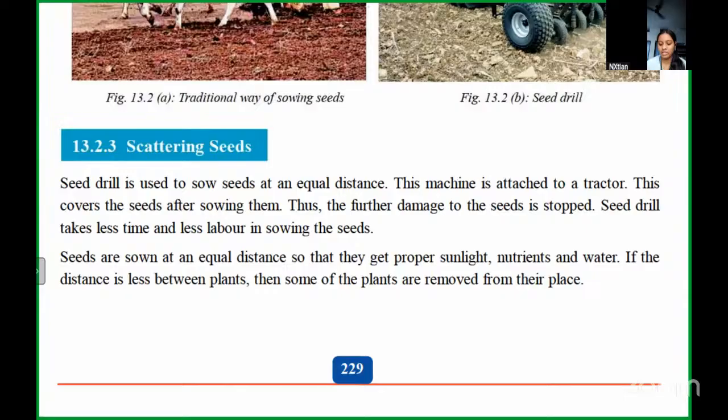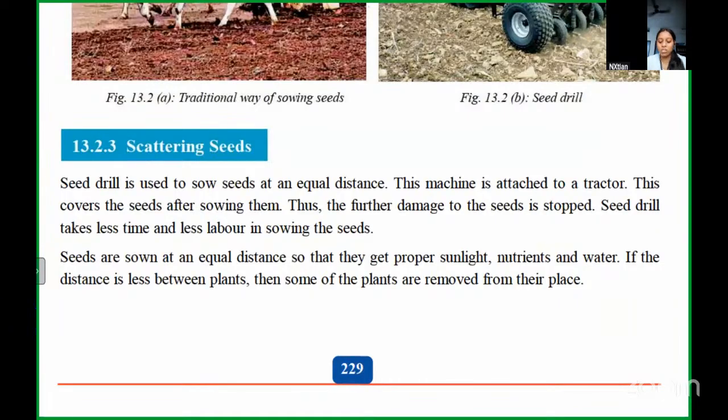So it is important that we put seeds at some distance, because if they are close together, the seeds will fight for the nutrients and none of them will get enough, and they get tangled and swallow each other up. So they will not be able to grow properly. So distance is kept so that nutrients, sunlight, and water properly reach them.